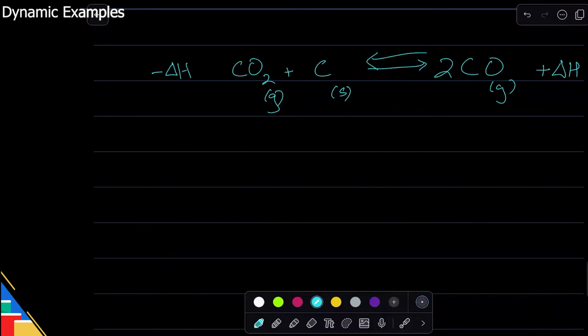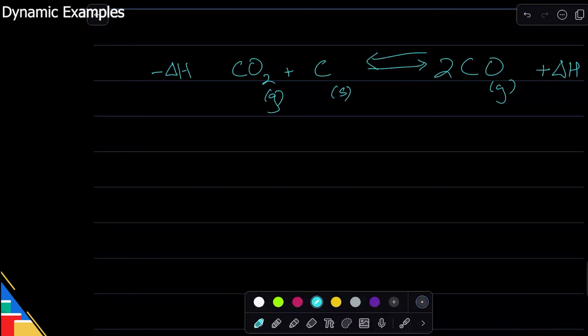Next question. Which side has more carbon dioxide? Left side. Very good. Right side has no carbon dioxide. If you can see these three things, you will understand how equilibrium will behave.